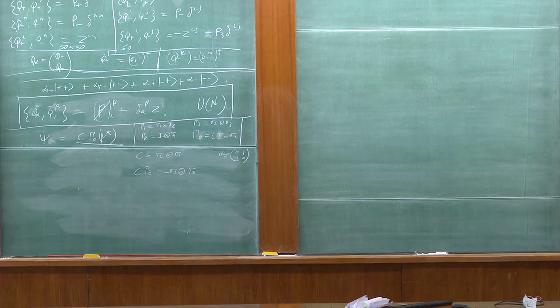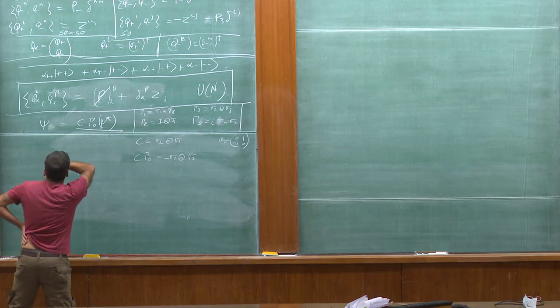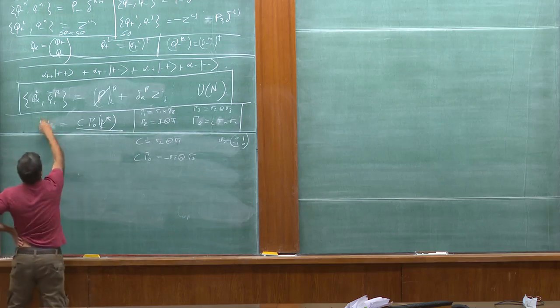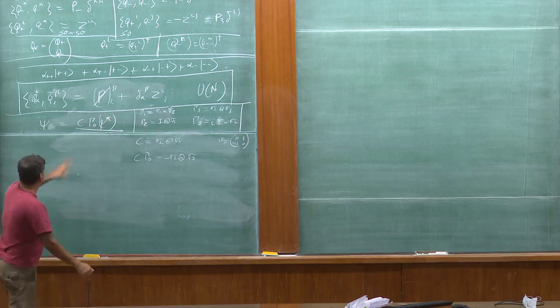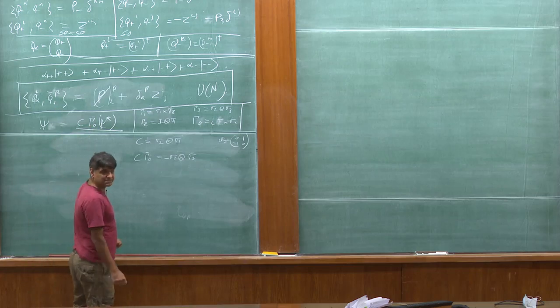Okay, and so now we can work out this equation in full detail. So on this side, we just have this expansion up there. On the right hand side, what do we get? Let's start with the guy that came from plus plus.